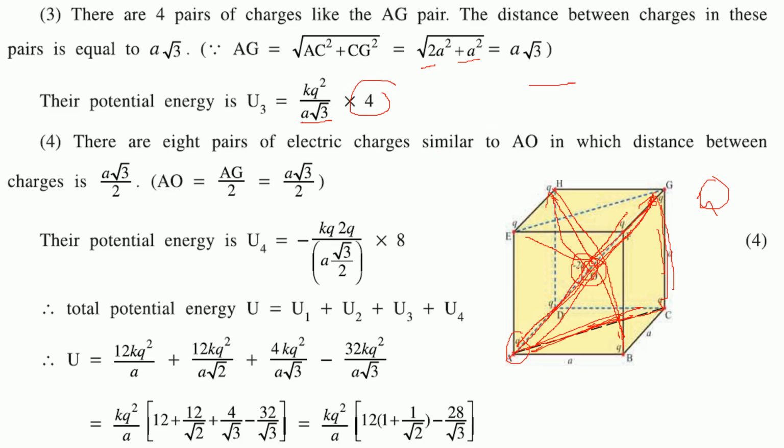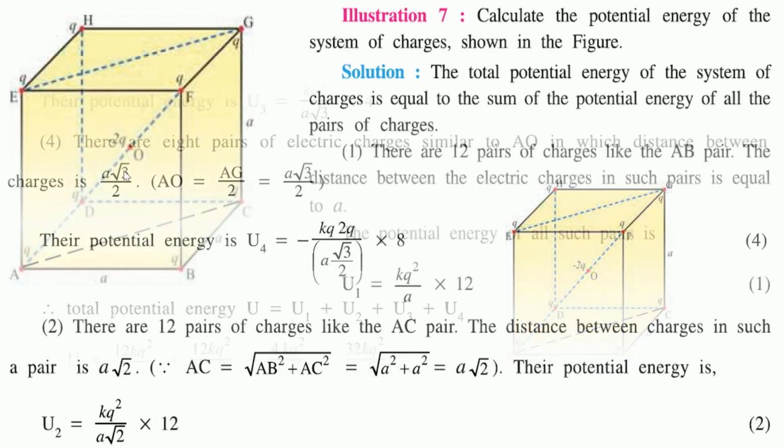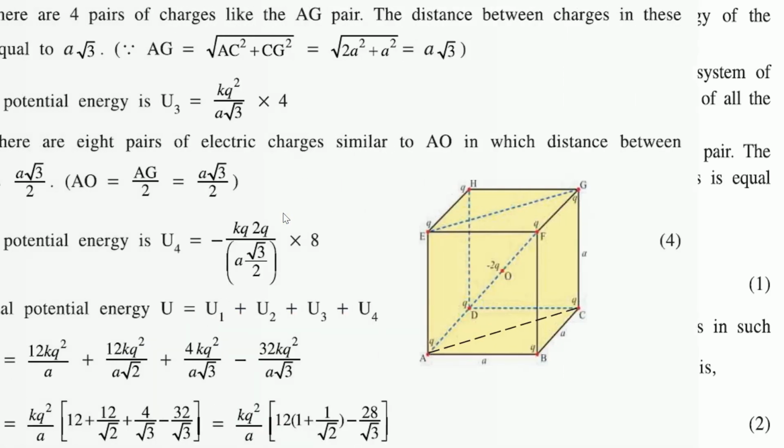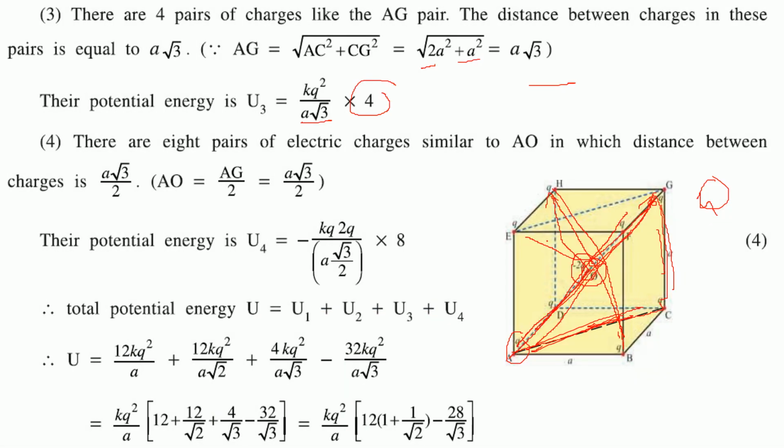Again, we have to find this distance. Let us drop a perpendicular here. Now this we know, this we know, and we can find this one. The distance is very important.